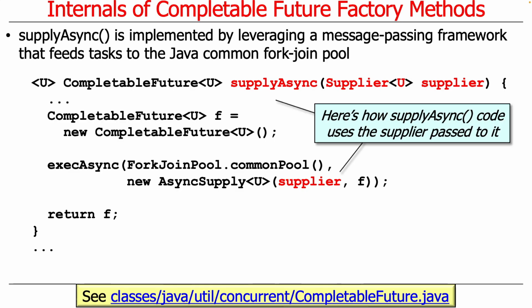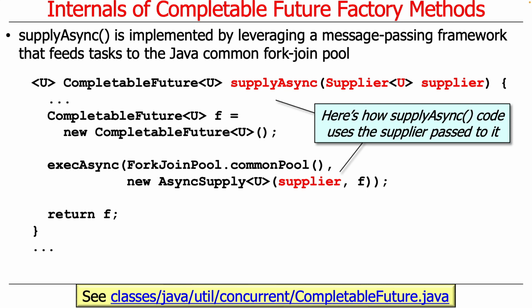So let's see how this works under the hood. Here is the supplyAsync method. You can go take a look in the source code of Java to see how this works. You can use any version after Java 8. The newer versions are a little bit cooler, but the basic workflow is about the same as what I'm going to show you here. So here's supplyAsync.